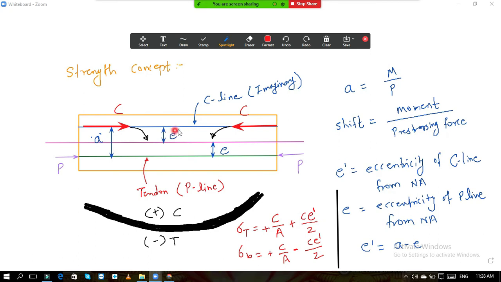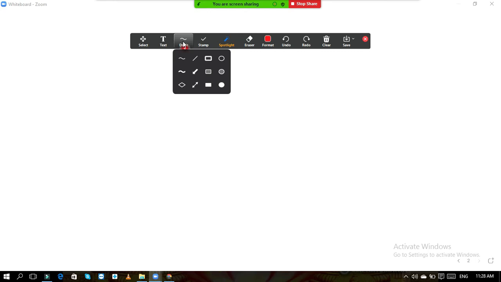Here your C line is above the neutral axis, so when you rotate these forces above the centroidal axis, it causes sagging bending. Your compression is at top and tension is at bottom, so the top resultant stress term becomes positive and the bottom term becomes negative. Now I will tell you the second case.